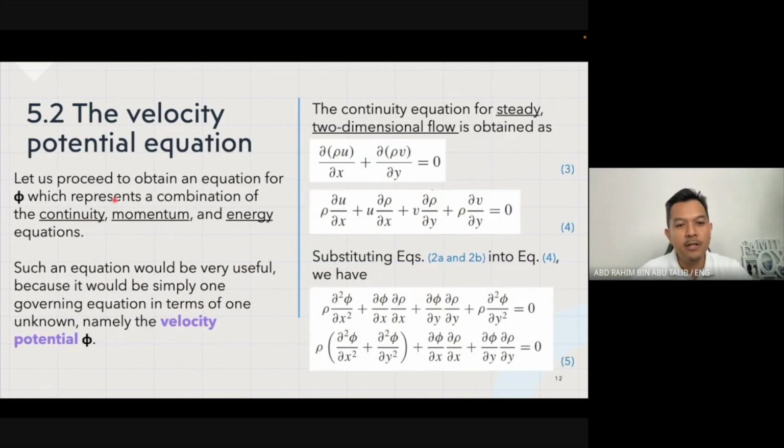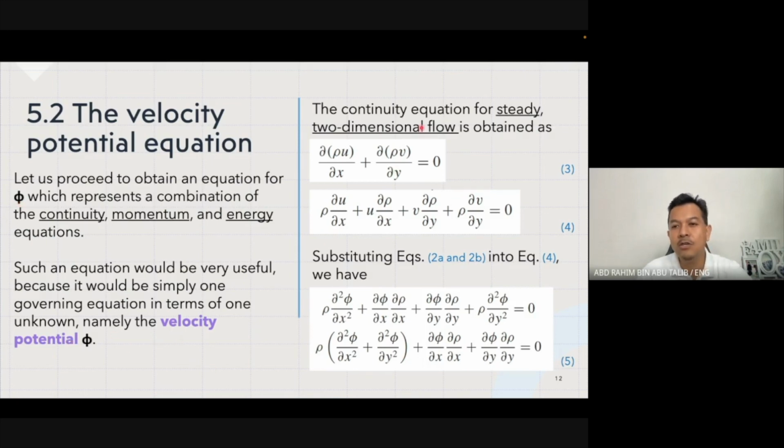So let us proceed to obtain an equation for the velocity potential phi, which represents a combination of the continuity, momentum, and energy equations. Such an equation would be very useful because it would be simply one governing equation in terms of one unknown, namely the velocity potential phi.